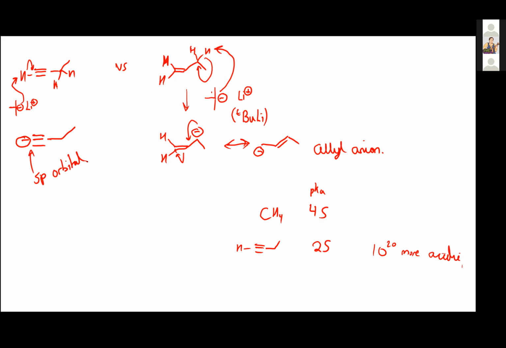Wouldn't it be better to have an anion on a secondary carbon rather than a tertiary because of the hyperconjugation? I'm not sure I completely understand. On a secondary versus a tertiary? Yeah, it is.